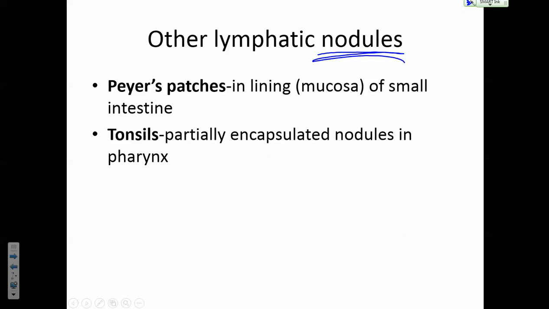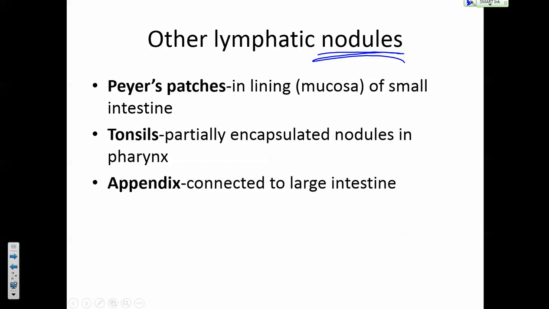So if you breathe it or eat it, your tonsils can help take care of that. Sometimes they get infected and they swell up, and because of their location, that can interfere with air movements in your upper respiratory tract. So sometimes you have to have those removed. But you have a lot of other lymphatic areas of the body. That's why you can live without some of your tonsils.